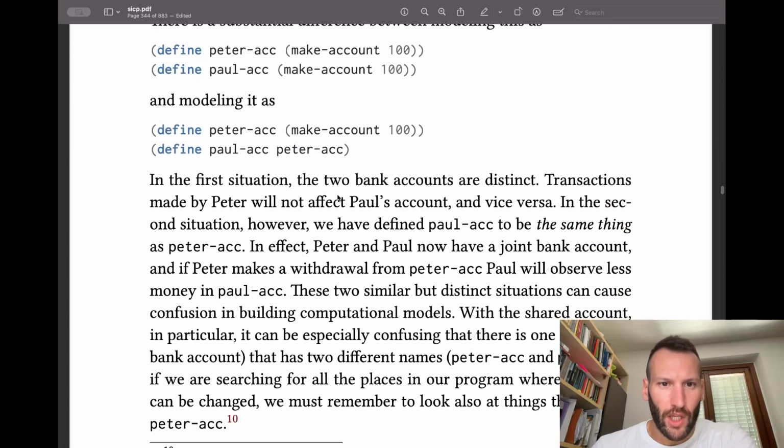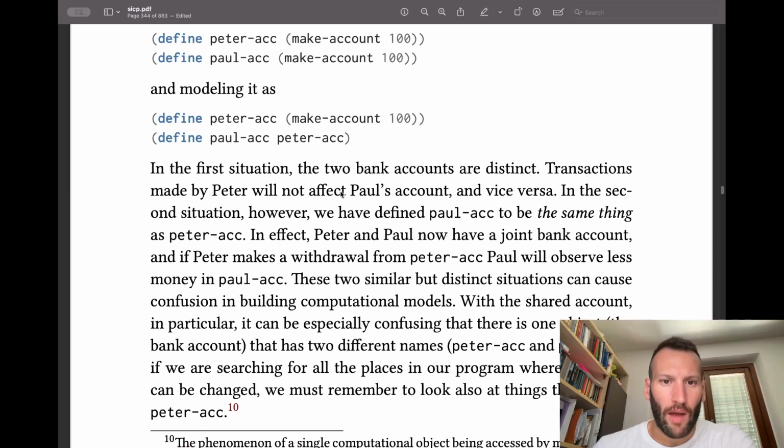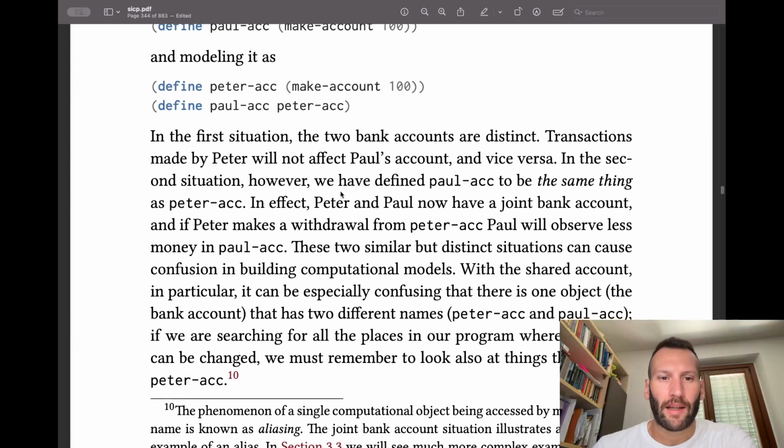In the first situation, the two bank accounts are distinct. Transactions made by Peter will not affect Paul's account, and vice versa. In the second situation, however, we have defined Paul-acc to be the same thing as Peter-acc. In effect, Peter and Paul now have a joint bank account, and if Peter makes a withdrawal from Peter's account, Paul will observe less money in Paul's account.